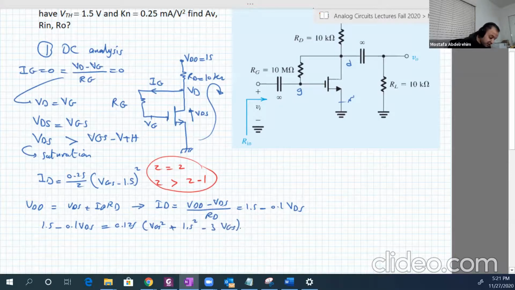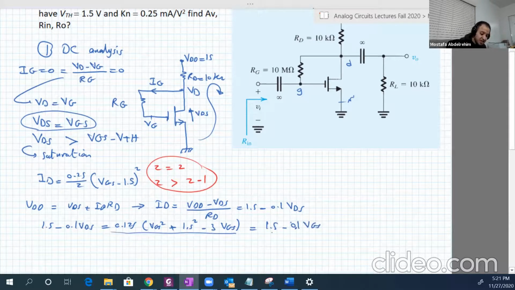Okay, remember that VGS is equal to VDS, so this is also 1.5 minus 0.1 VGS. Now there is one unknown, VGS. So this will give us two solutions.